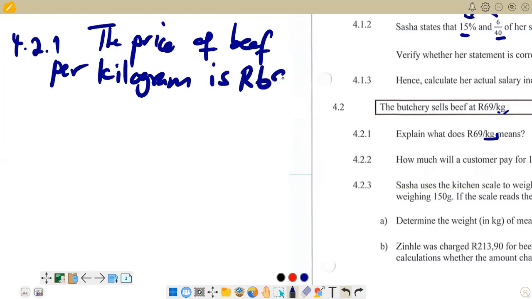So we've given the explanation in terms of what the expression is standing for. Then we'll move on to the next question, which is 4.2.2.